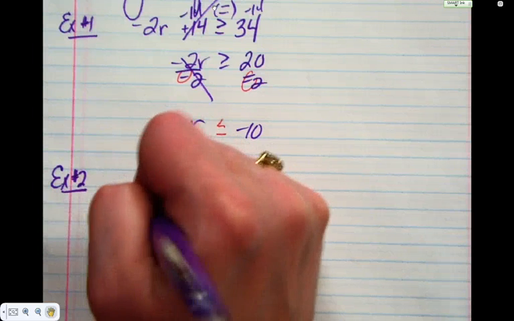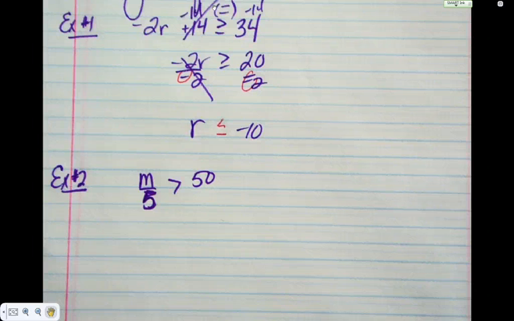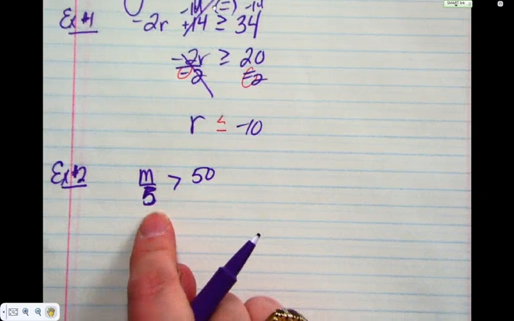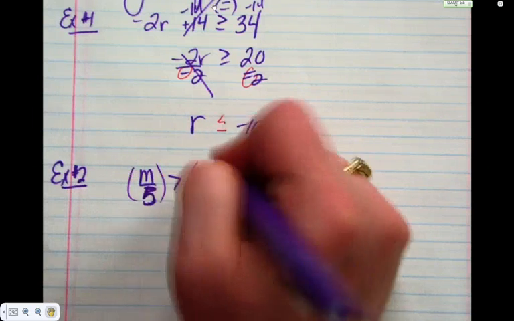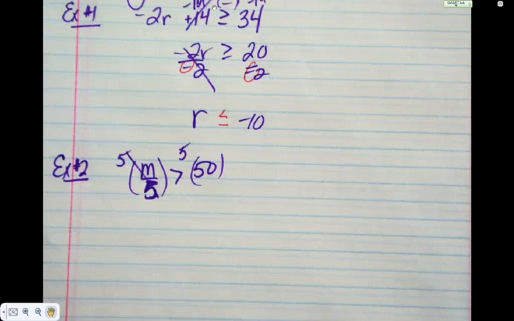m divided by 5 is greater than 50. No parentheses. Nothing to collect on each term. Fraction, okay? How do we deal with a fraction? Well, what's the opposite of dividing something by 5? Multiplying it by 5. What do you do with the variables on the bottom? Can we wait till we get to an example like that?